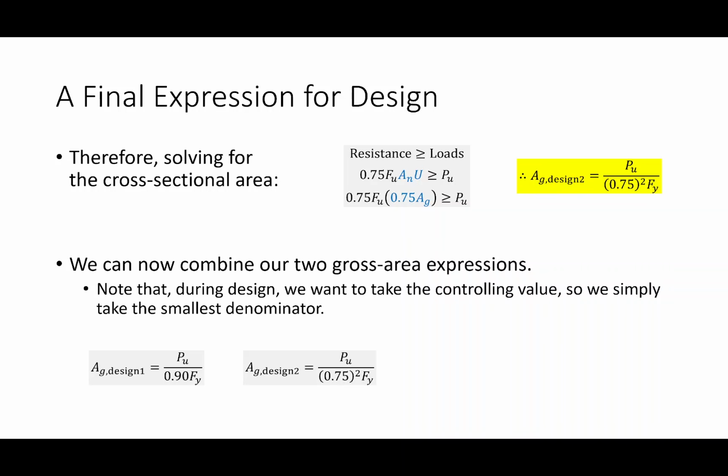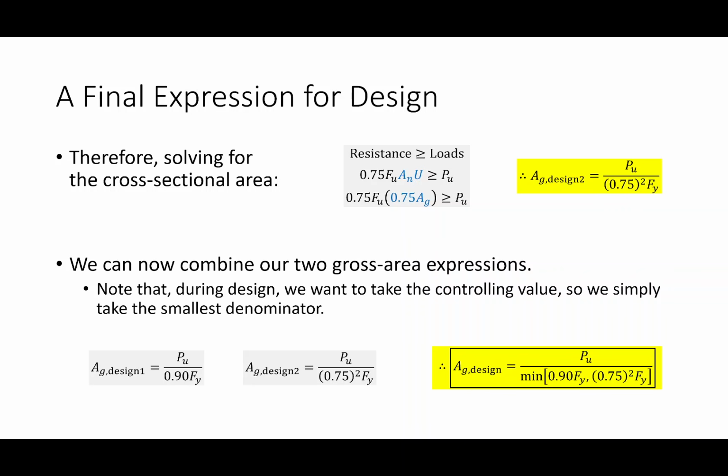And if you're going to pick a member based on the bigger of these two expressions, same numerator, what does that mean for the denominator? Use the smaller denominator. Does that make sense? So if I have 8 divided by 2, 8 divided by 3, which is the larger value? It's 8 divided by 2, because it's the smaller denominator. Does that make sense?